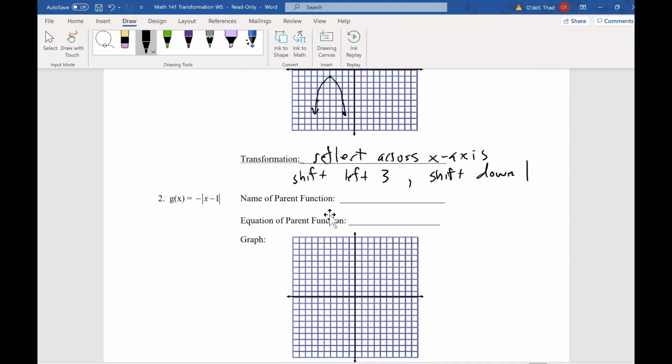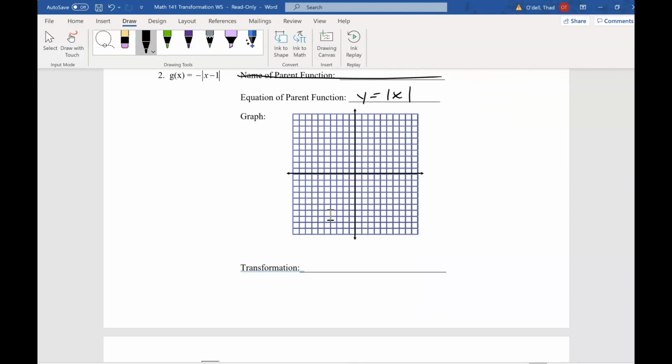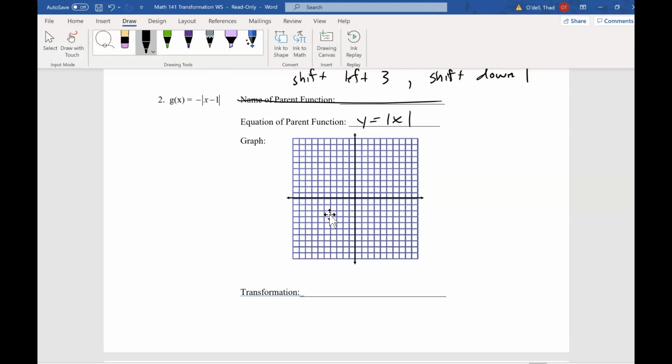Number 2, that's the absolute value function. But again, I don't worry about the name so much. The parent function is y equals the absolute value of x. The transformation: the negative is going to again reflect across the x-axis, and the minus 1 is on the inside, so that's a shift right.